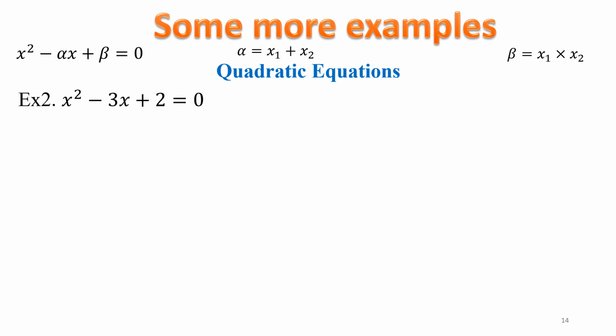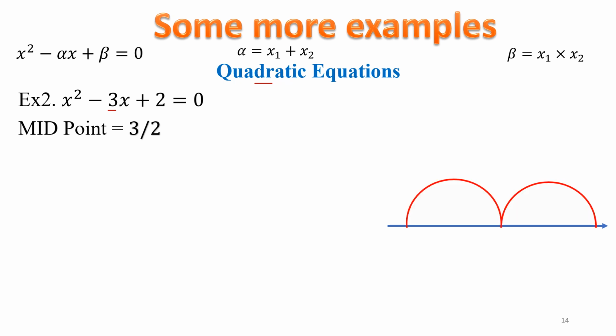Let us explore the equation x square minus 3x plus 2 equal to 0 for finding the roots of the quadratic equation by the midpoint method. Now here alpha is equal to x1 plus x2, and alpha you can identify, it is 3, so the midpoint is 3 by 2.